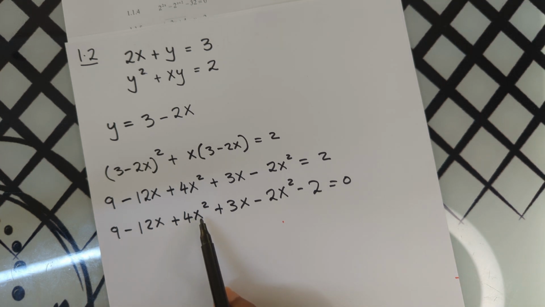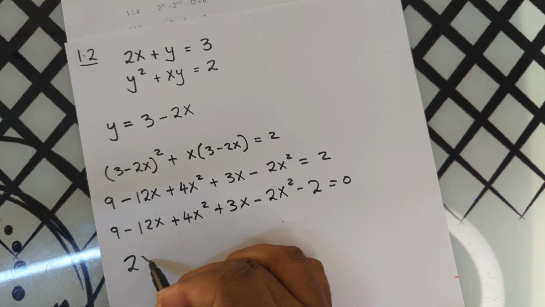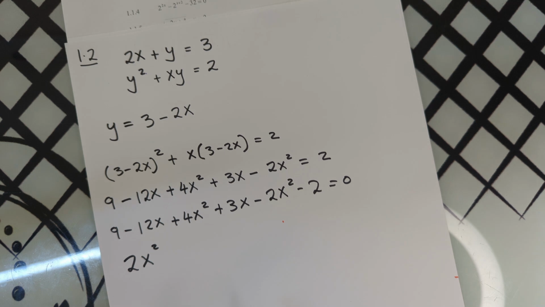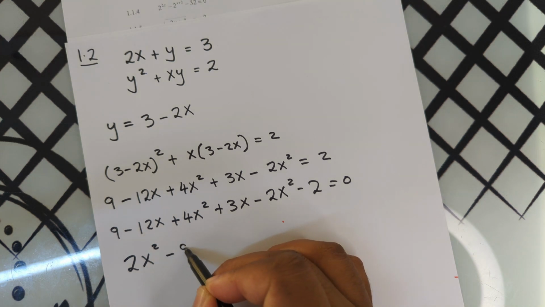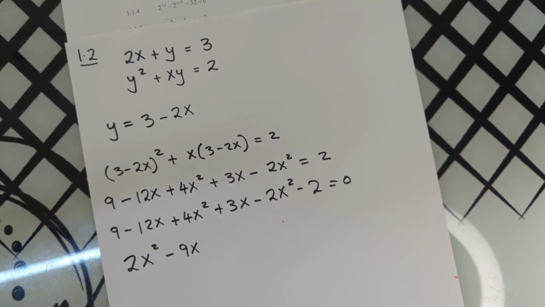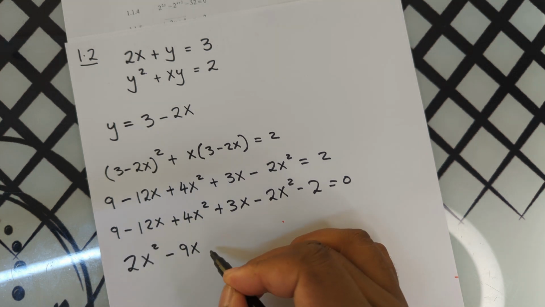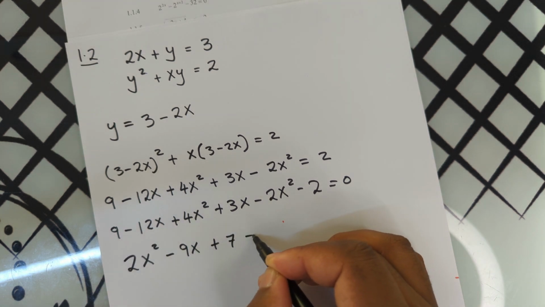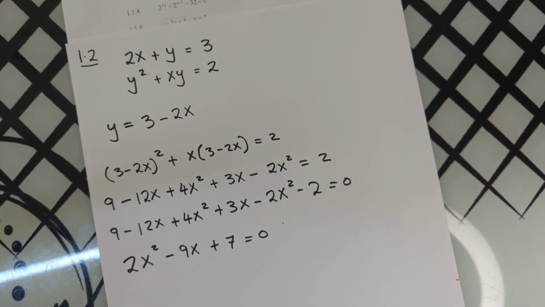So 4x to the power 2 minus 2x to the power 2, this is going to be 2x squared. 3x minus 12x, this is going to be minus 9x. And 9 minus 2, this is going to be positive 7, being equal to 0.